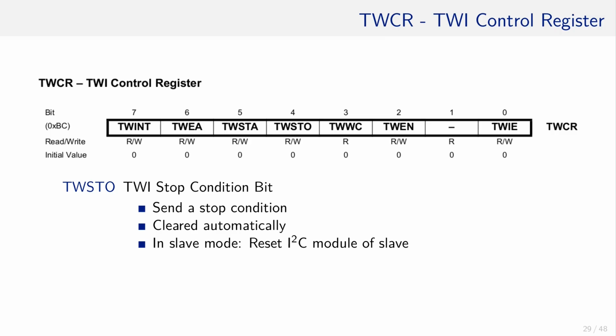The TWSTO bit is the stop condition. Once all data has been written to the slave, the master has to send the stop condition to release the bus. This bit is cleared automatically once the stop condition is out. In slave mode, if something goes wrong with the I2C hardware unit and you would like to reset it, you can write this bit to bring back the I2C unit to a known state.